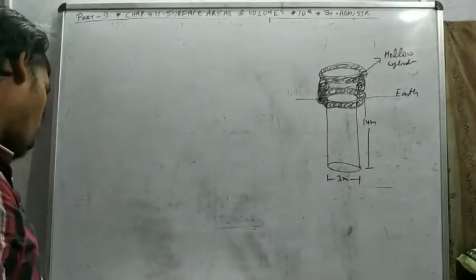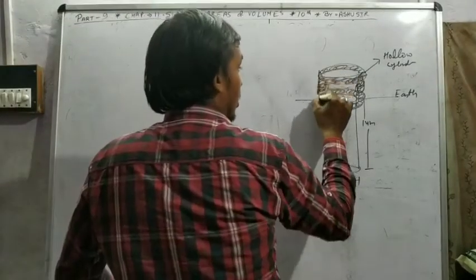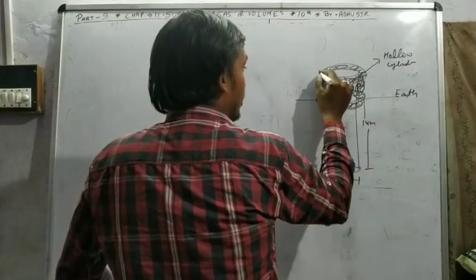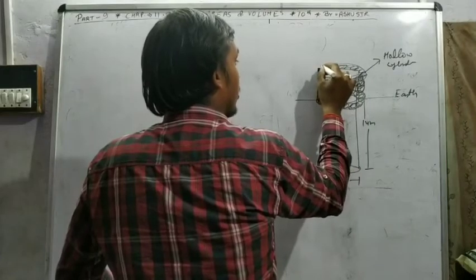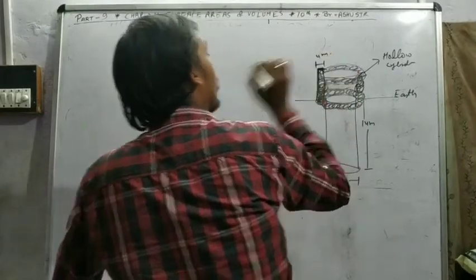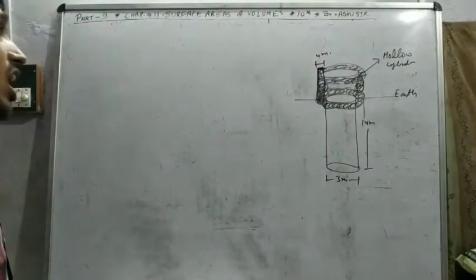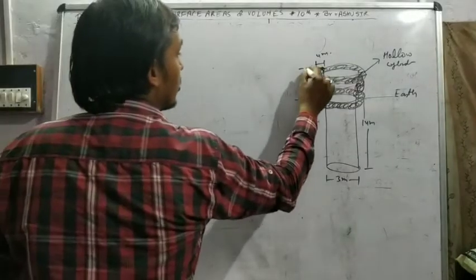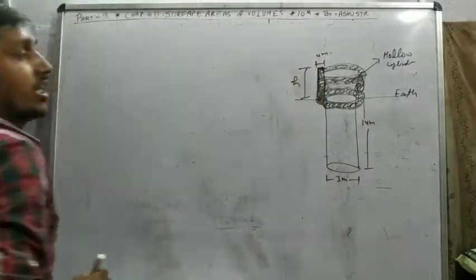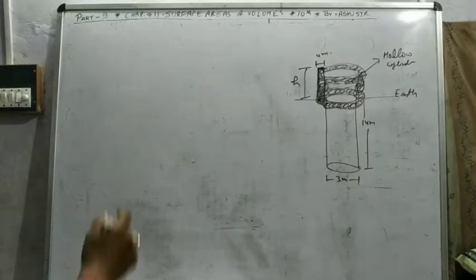The width of this embankment is 4 meter. So find the height of the embankment. Simple.